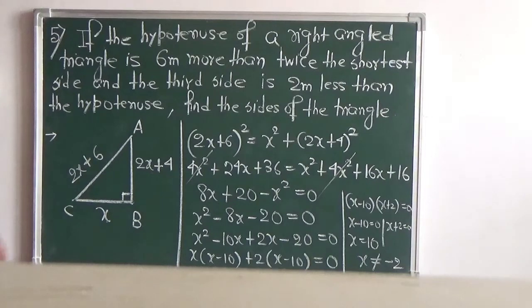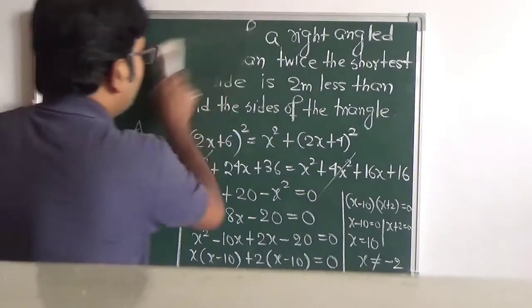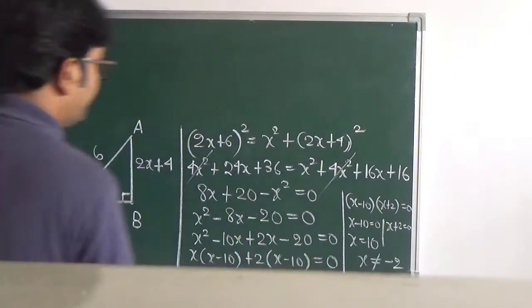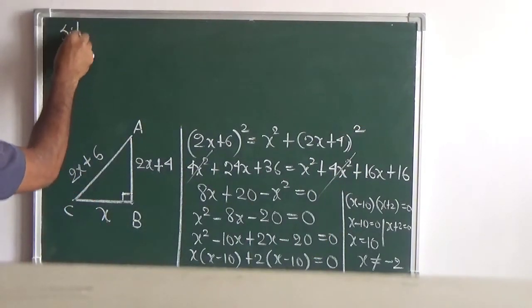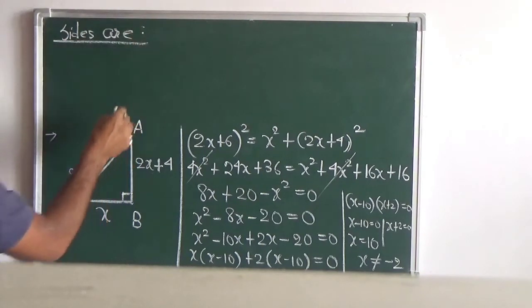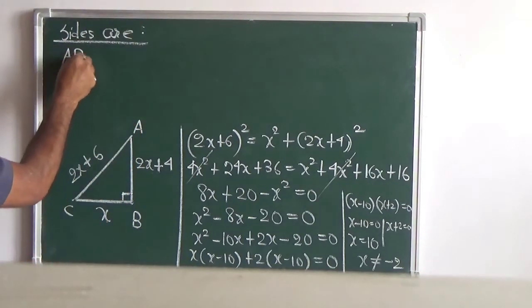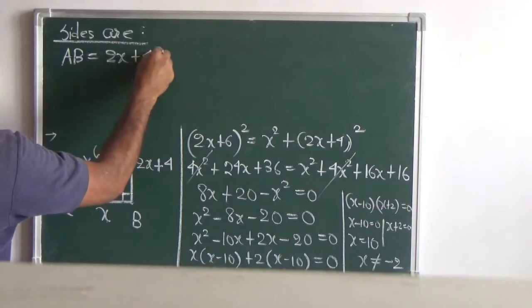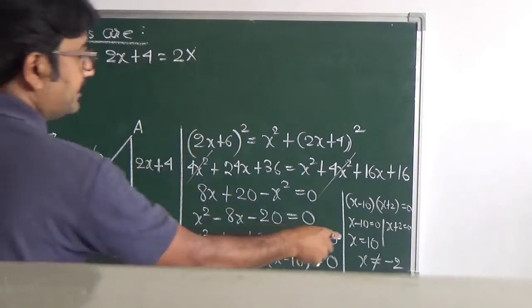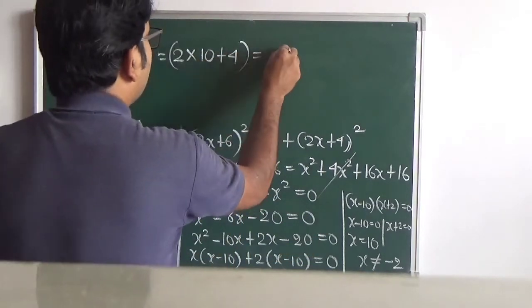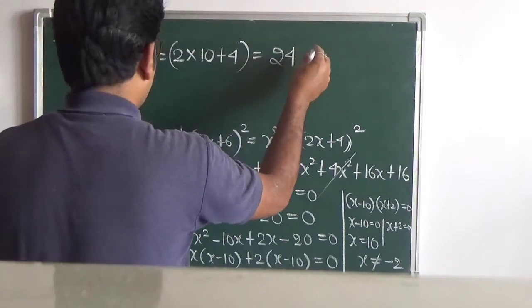Therefore the sides are: the side AB is equal to 2x plus 4, that is 2 into 10 plus 4, that is 20 plus 4, that is 24.